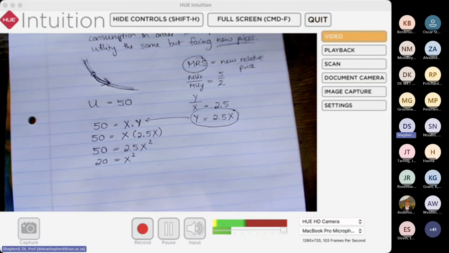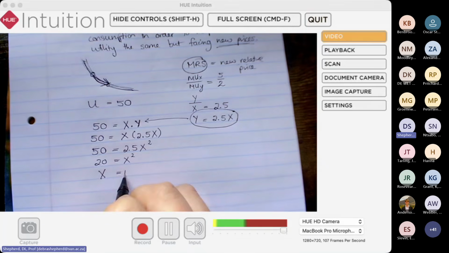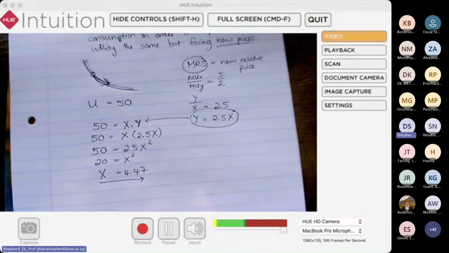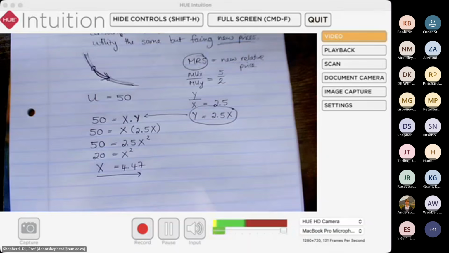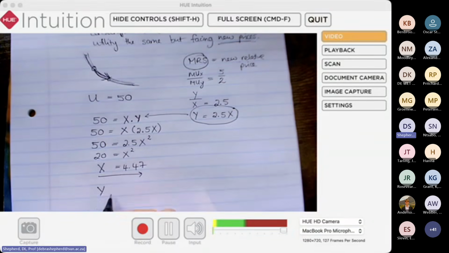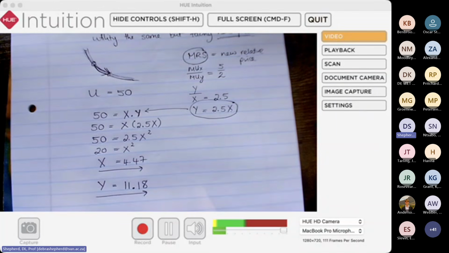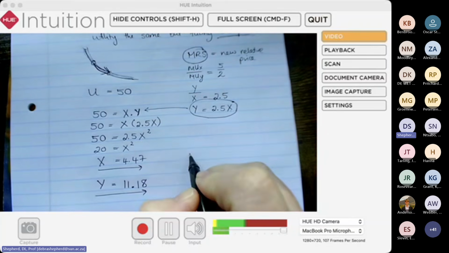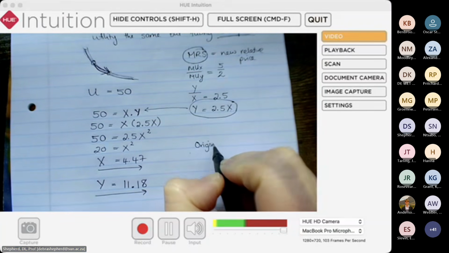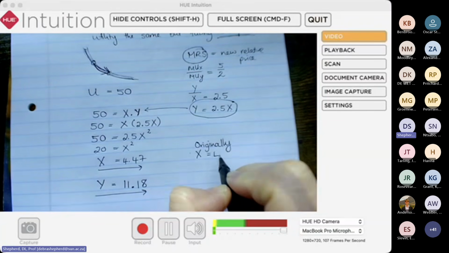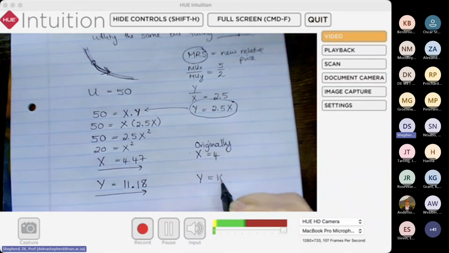So the square root of 20 is going to be 4.47. Okay. The value of y is then going to be 2.5 times that 4.47, so that's going to be 11.18. So these two values tell me that originally her consumption of x was 5 and her consumption of y was 10.